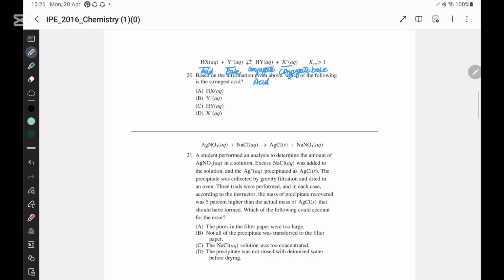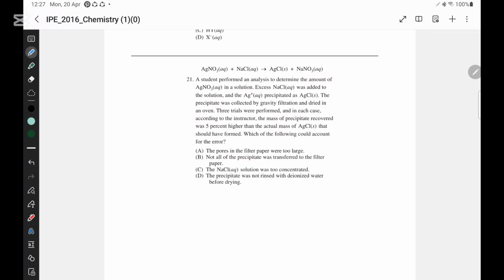We have two acids there, but if you see the equilibrium constant K, that is greater than 1, that means more product will be there. If more product will be there, that means it dissociates more, which makes it a stronger acid. A stronger acid is the one which dissociates more when dissolved in water. So our right answer is going to be A.